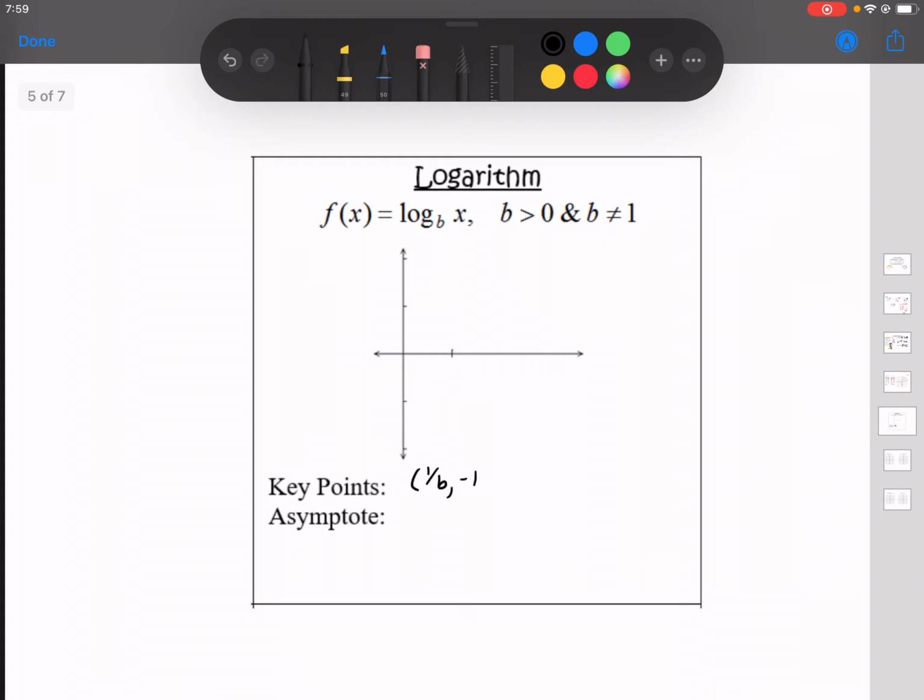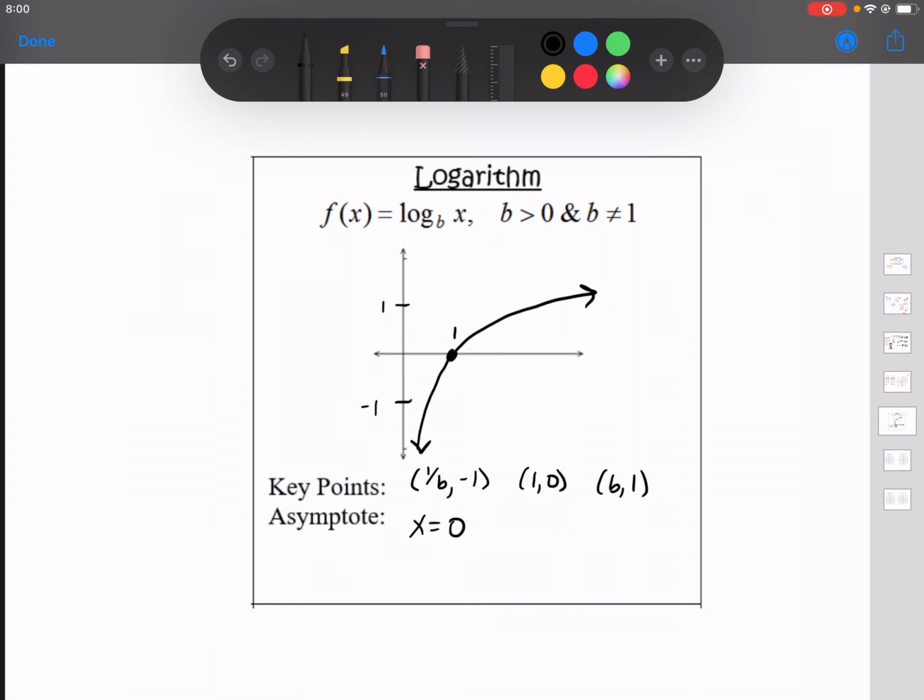So we have (1/b, -1) instead. We have (1, 0) instead of (0, 1). And you've got the base, 1. So this is (1, 0). This is -1. This is 1. So it looks something like this when you draw a logarithm. And the asymptote would be at x equals 0.